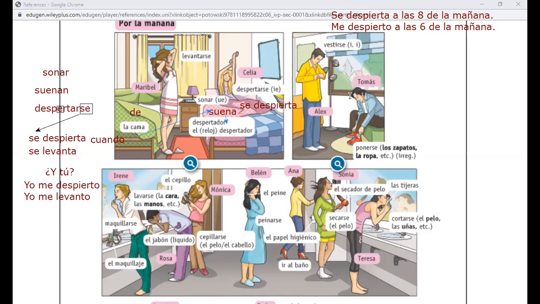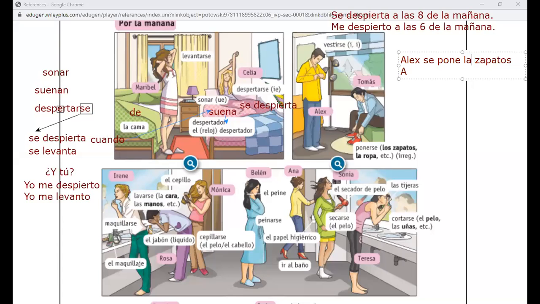Ahora, vamos a ver Alex y Tomás. ¿Qué está haciendo Alex? Now we are looking at the progressive. Watch this now. Alex se pone la ropa. Putting on clothes.